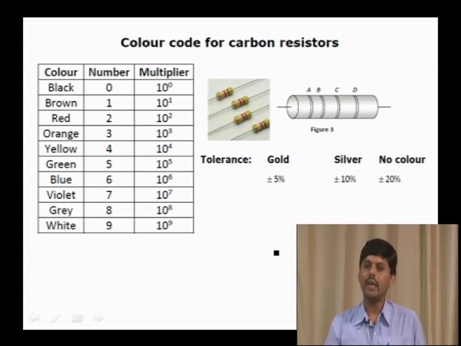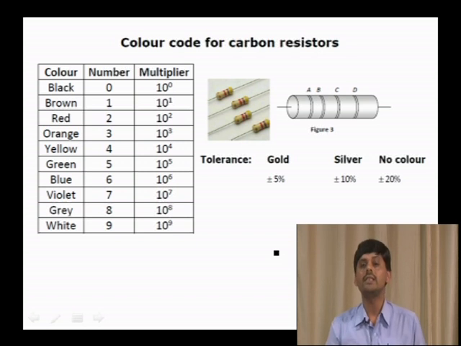For the fourth band we have only two colors: if it is gold, the tolerance or error is plus or minus 5%. If it is silver, it is plus or minus 10%. If the fourth band is absent and we have only three bands, then the error is plus or minus 20%.